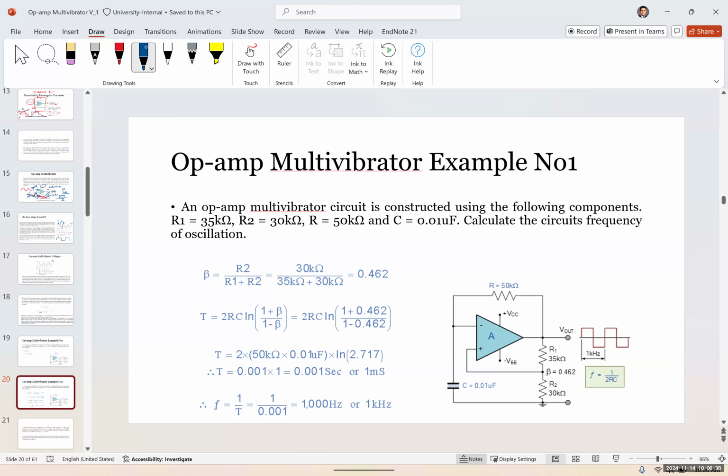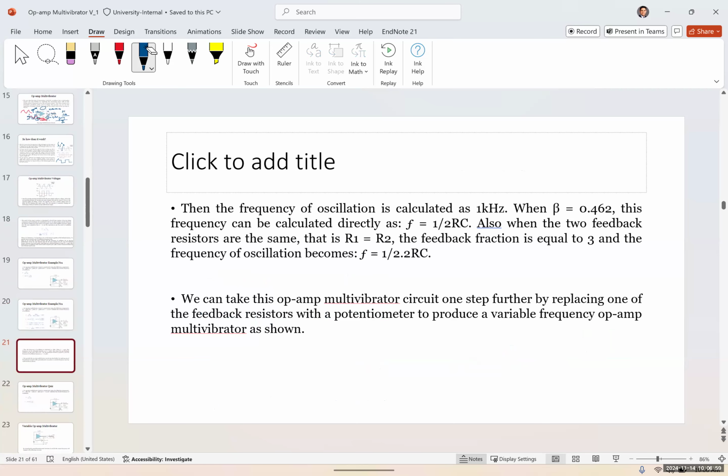And F would be 1 over T, which gives us 1 kilohertz. So then the frequency of oscillation is calculated as 1 kilohertz when beta is 0.462. And therefore, F would be equal to 1 kilohertz.